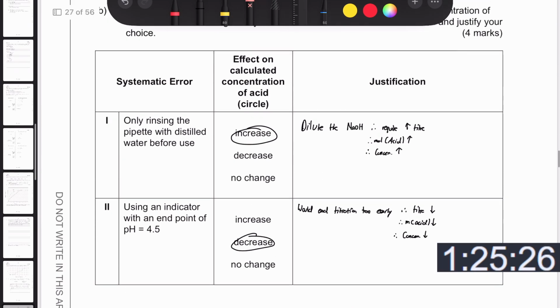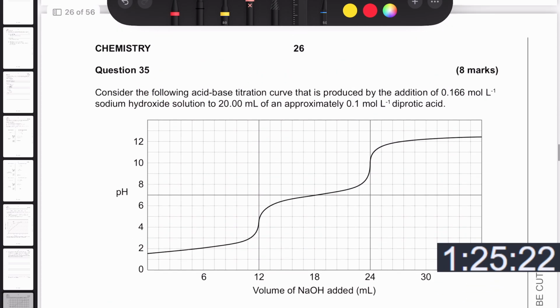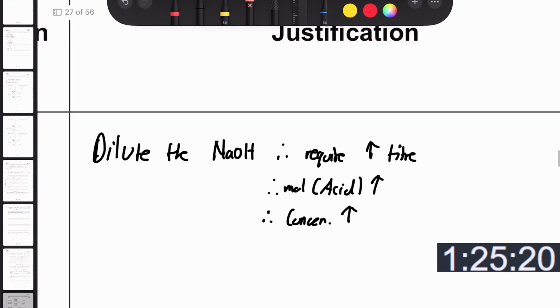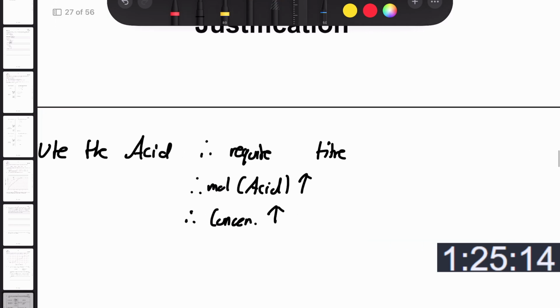Oh wait, this is the pipette. Pipette used for the diprotic acid. So dilute the NaOH, dilute the acid. Therefore, you decrease the titer.